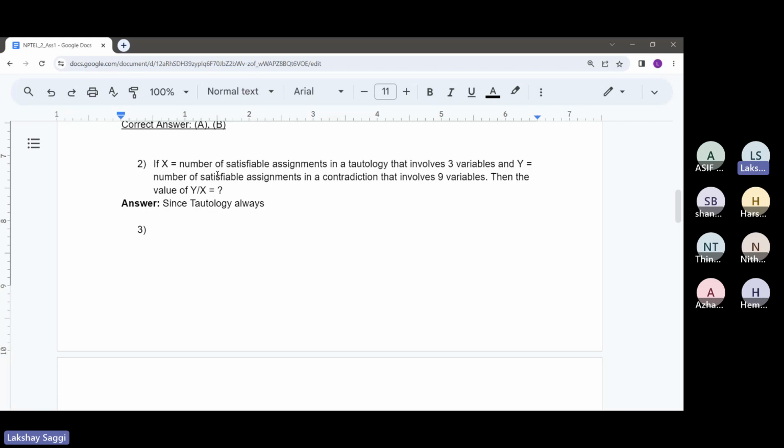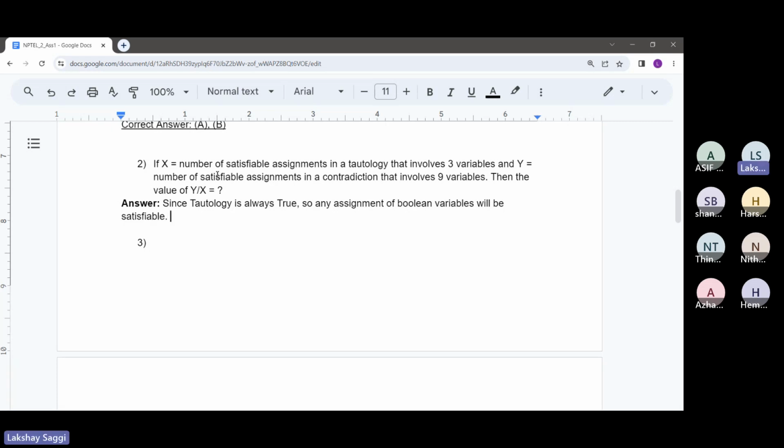This has been covered in lectures. Since a tautology is always true, the key idea is any assignment of Boolean variables will be satisfiable.